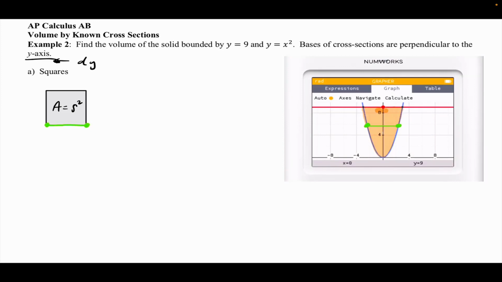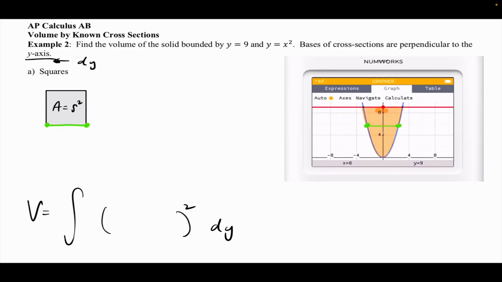That's going to be part of our volume, because it's side squared. So that's why I have the squared part in the equation. I just need one side. So I just need to know the distance of the green segment.